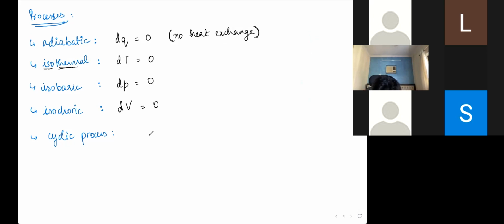Cyclic process, what do you guys think cyclic processes could be? What is a cycle? When something is cyclic, you come across break the cycle, all of that. Think of it in completely colloquial terms. You have heard of the word cycle.